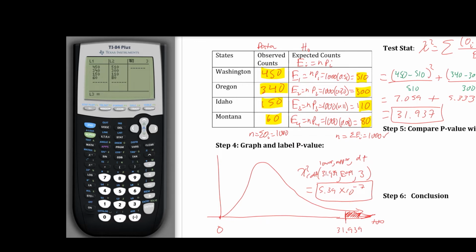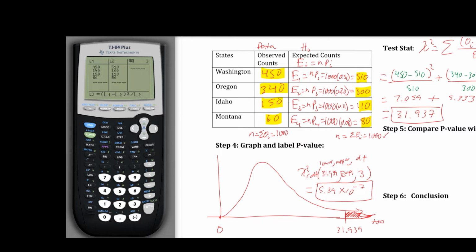Okay, so we need a parentheses. The observed list is L1, so you press second 1 and then subtract off the expected list, second 2, parentheses. We're going to go ahead and square that. There's the square button. And divided by the expected list, second 2.